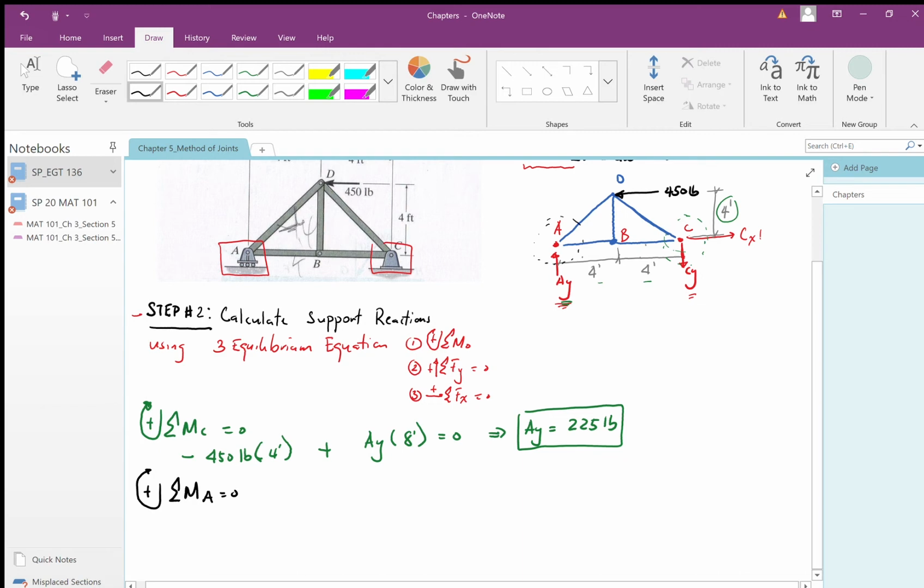That gives me an expression whereby my CY is pointing down, and when it comes in contact with the distance arm of 8 feet, it's going to give me a positive CY times 8 feet. And then my 450 from point A is actually going to go in the opposite direction. That's 8 feet. That's 4 feet. Sorry.